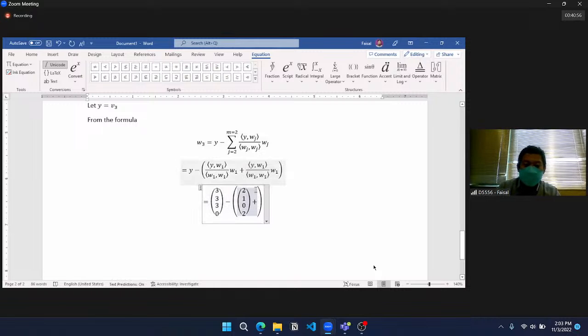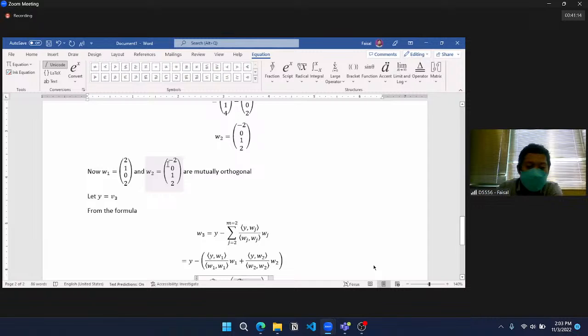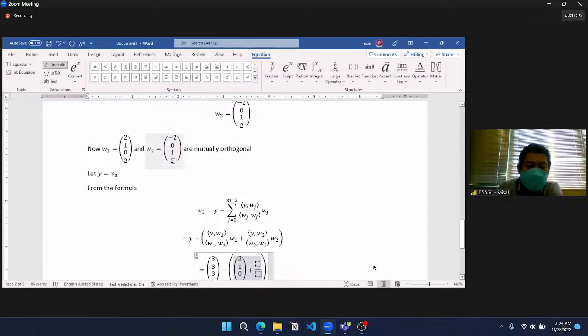Oh, sorry, this is W2, because J equal to 2. Now compute W2. Well, W2 is minus 2, 0, 1.